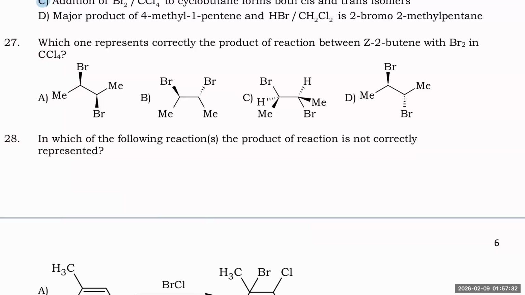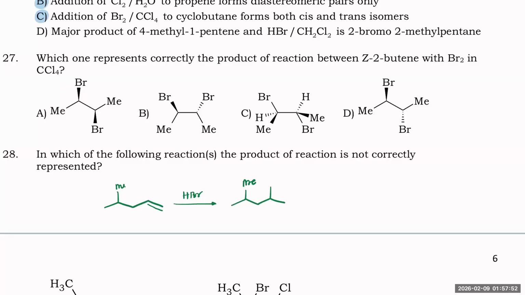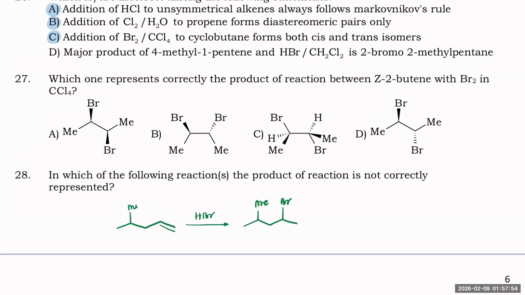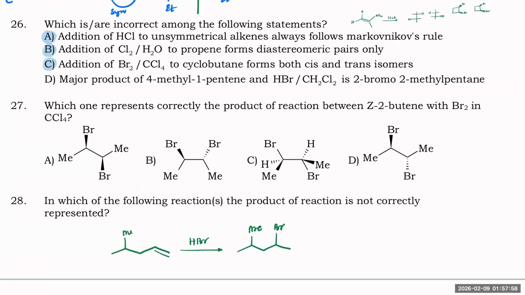So I have 1, 2, 3, 4, 5. 4-methyl here and 1-pentene here. We are reacting that with HBr in CH2Cl2, in a non-polar solvent. So methyl will be here, correct? And by Markovnikov addition, bromine will come at this location.